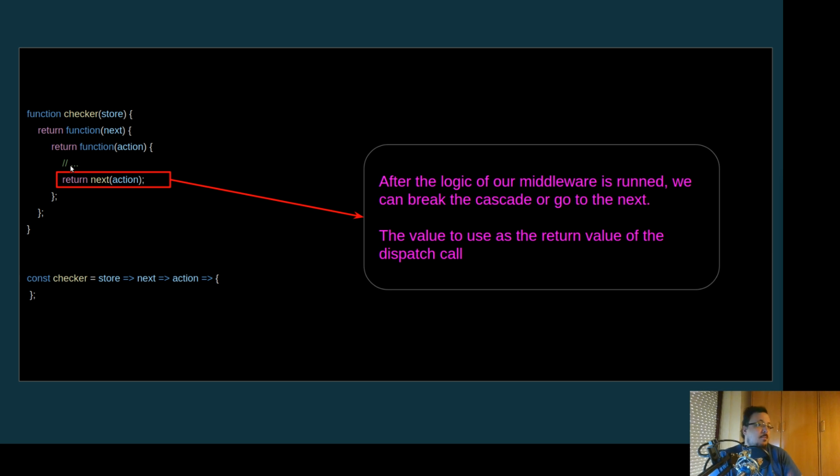Of course, if we want to break things, for example in the checker function, if the button that's clicked is Carlos, we don't want the next action to be dispatched, so we just return the alert, or return null, or return some data. So that's why, depending on what the middleware does, the order of the middleware is important.